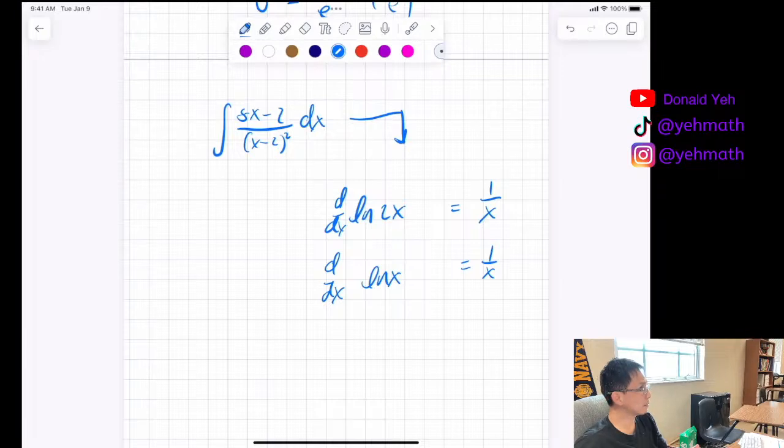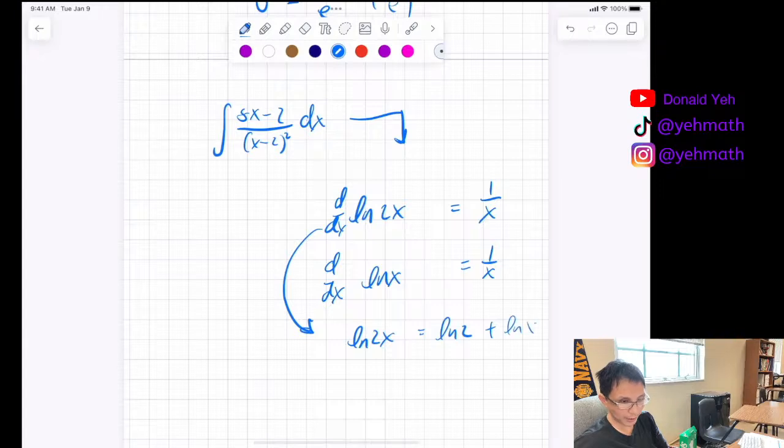How come they are the same? But if you pay attention to detail, natural log of 2x is equal to natural log of 2 plus natural log of x. If you take a derivative, that's just a part of C. So if your answer is a vertical translation on the graph, it's fine, even though it's a different expression.